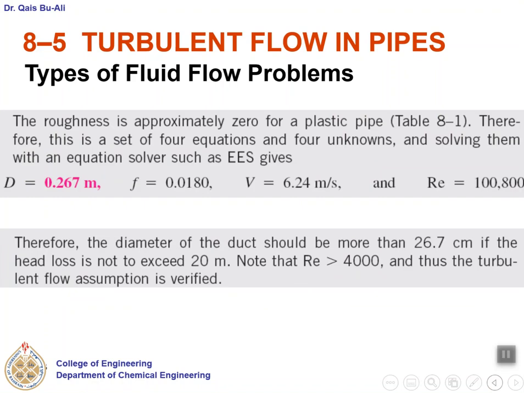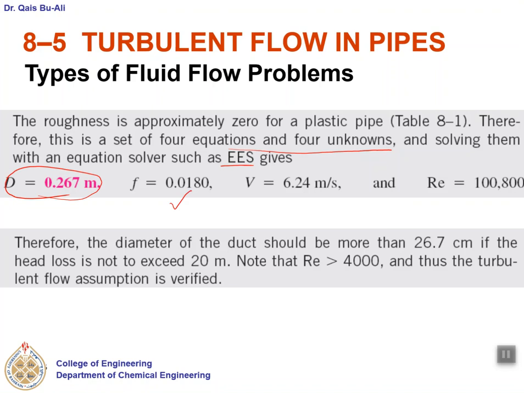So the roughness is approximately equal to 0. Therefore, this is a set of four equations and four unknowns, as I have just said. Here we use a software called Quais. The book used this software, and using it, the diameter was obtained to be 0.267 meters.